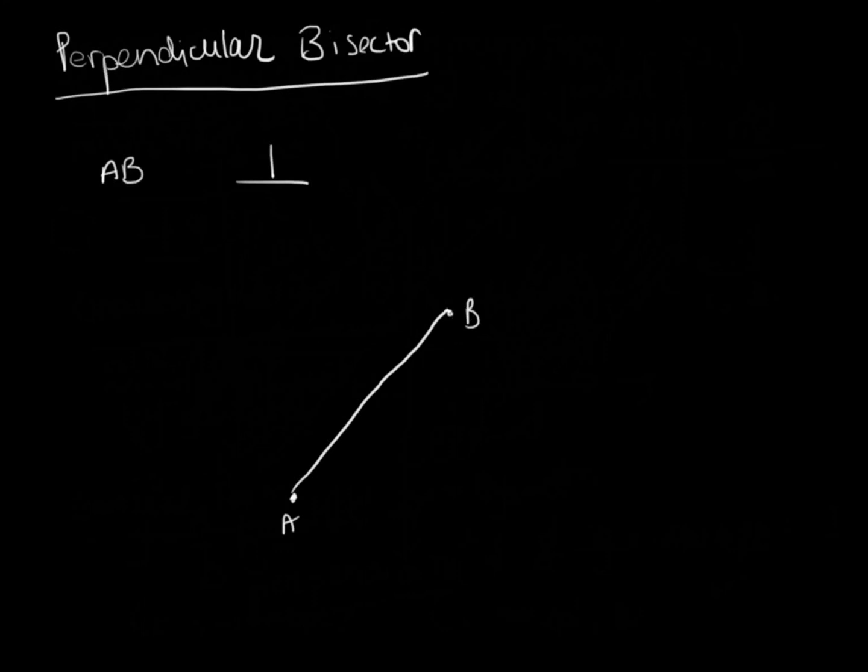The perpendicular bisector of AB would be a line that passes through the midpoint of AB, but is 90 degrees, perpendicular to AB. So this would be the perpendicular bisector of AB because it's 90 degrees to AB and it passes through the midpoint of AB.